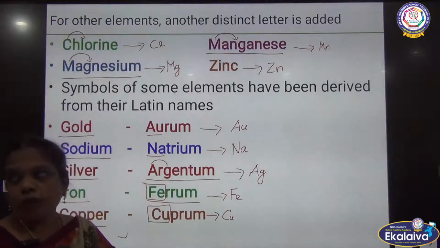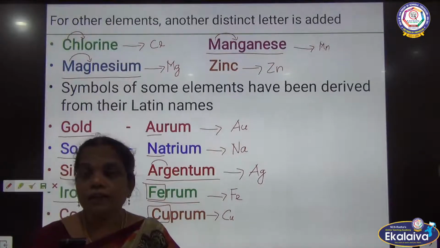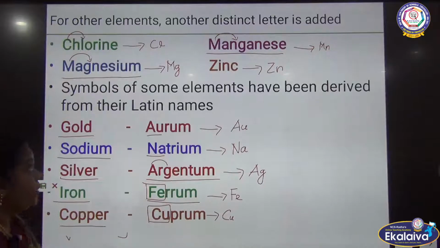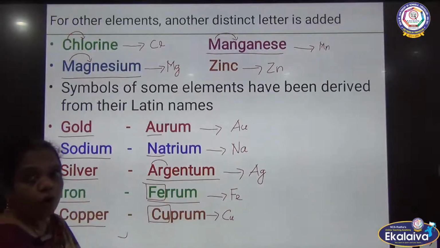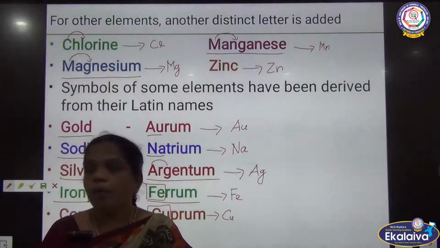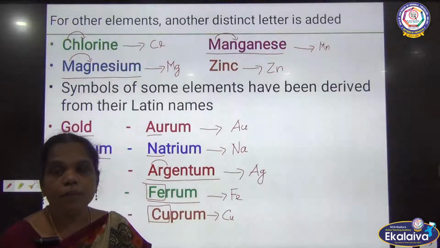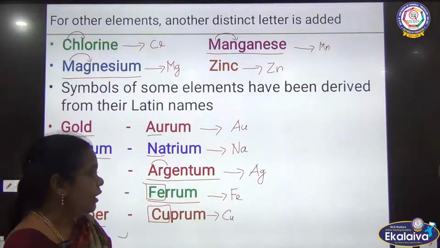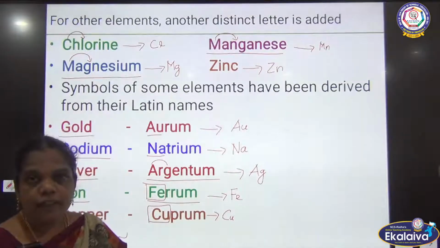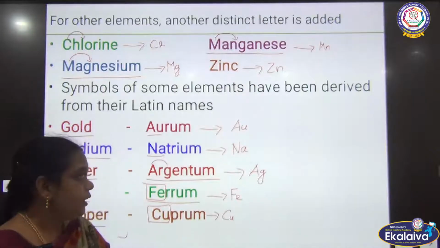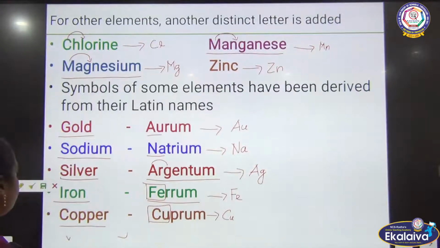So like that we assign the symbol for an element based on the rules. This is common for everyone. Cu is nothing but copper. Ag is nothing but silver. What is Mg? Mg is nothing but magnesium.